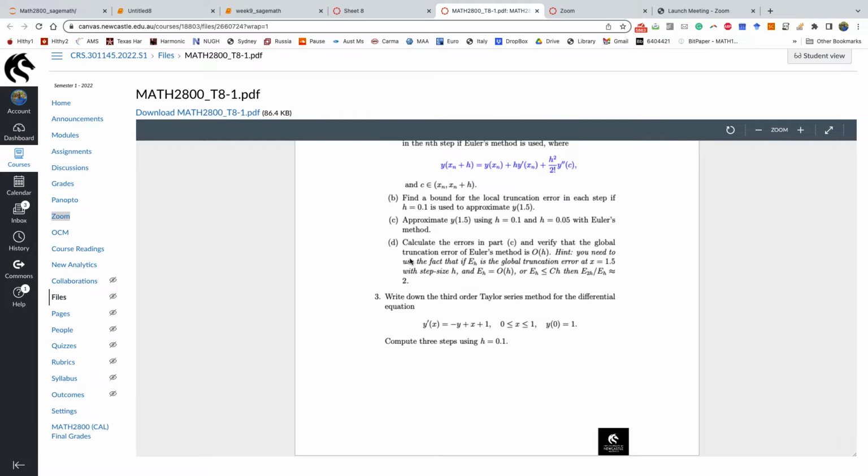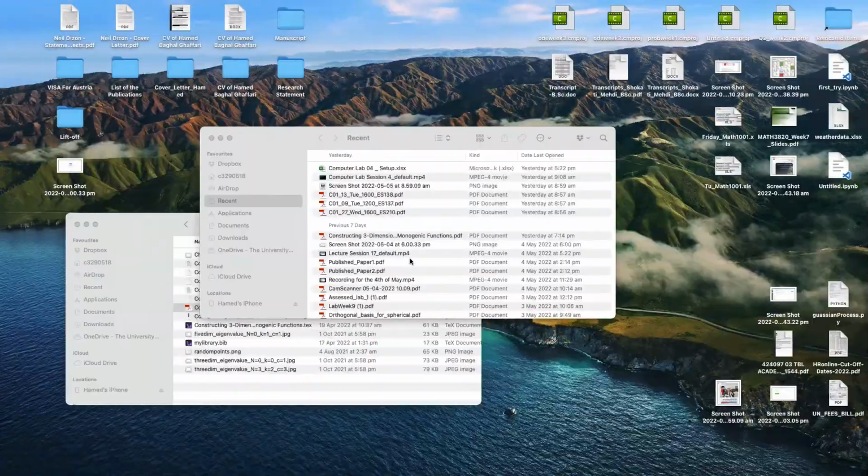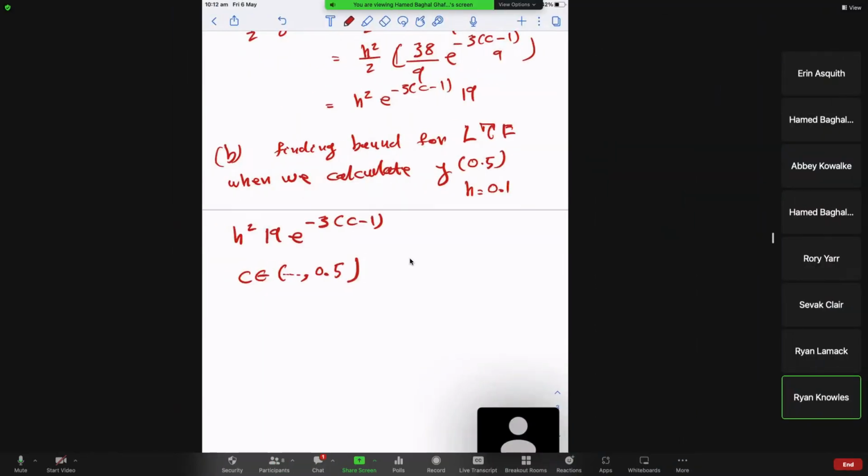So for this one, we have h squared over 2 times 19 e to the minus 3 (c minus 1), where c belongs to some interval.